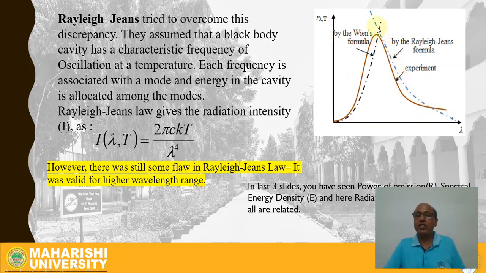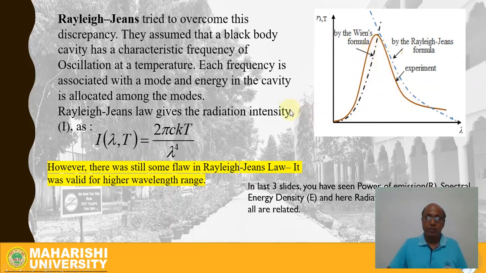So here you can see the Rayleigh-Jeans formula was able to explain the higher wavelength range of the experimental behavior of black body radiation, whereas Wien's distribution formula was able to explain the spectral energy distribution of the black body at the lower wavelength range. But one has to still wait for a formula or an explanation which explains the complete experimental characteristics.